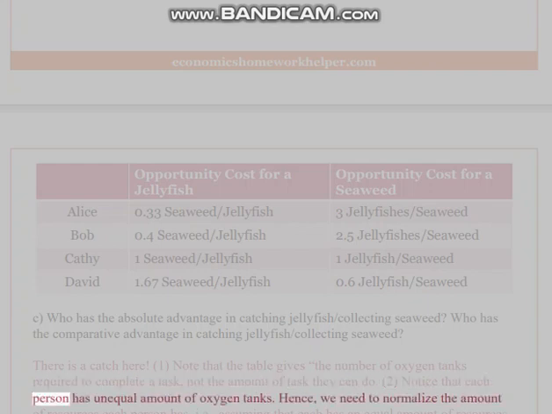Notice that each person has an unequal amount of oxygen tanks. Hence, we need to normalize the amount of resources each person has, i.e., assuming that each has an equal amount of resources, ask how many they can produce. Let's choose 60 tanks to equate the number of oxygen tanks each person has, so the following table shows how many jellyfish and seaweeds can be caught and collected.